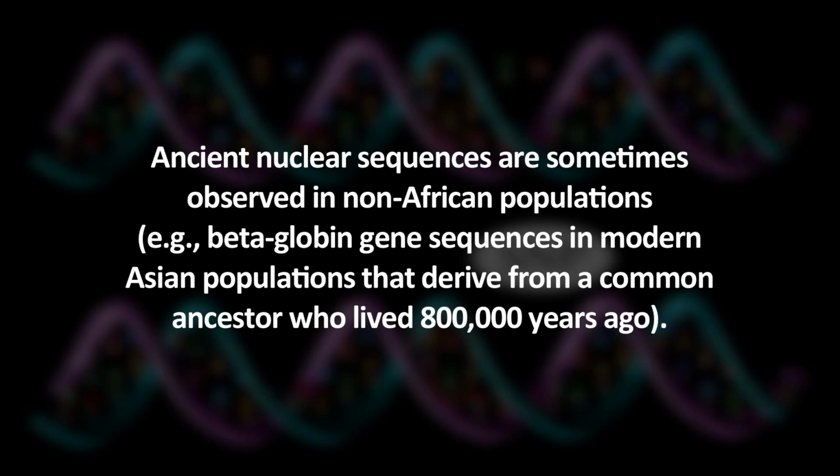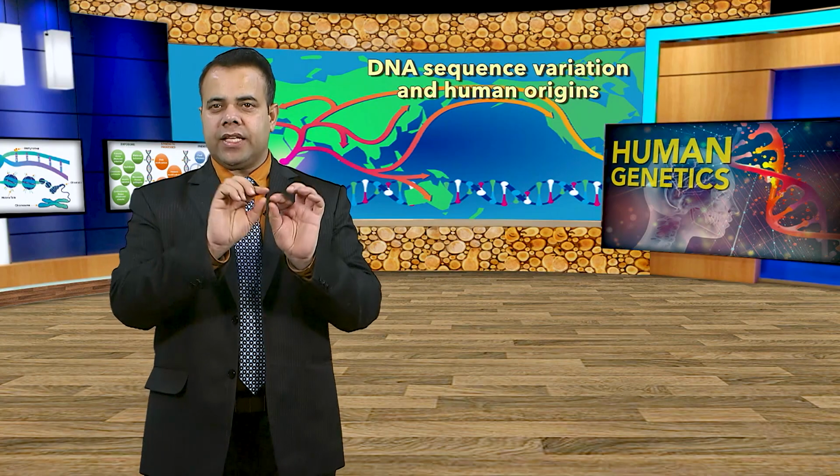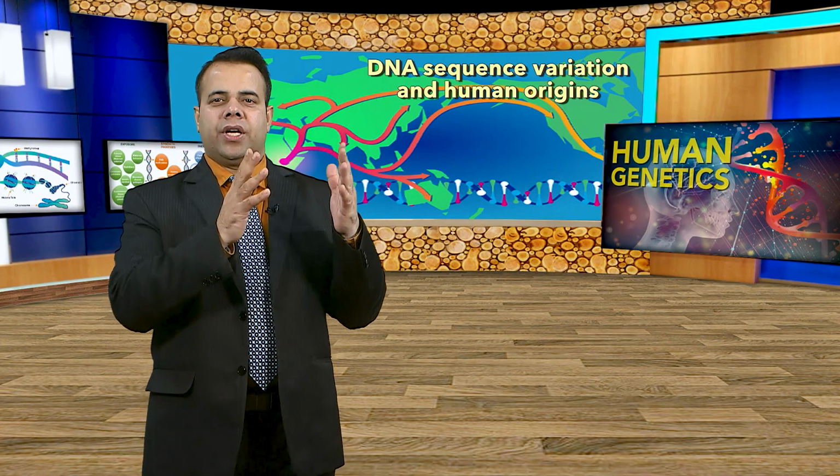Ancient nuclear sequences are sometimes observed in non-African populations. For example, beta globin sequences in modern Asian populations derive from a common ancestor who lived 800,000 years ago. These sequences may have descended from archaic humans living in Asia long before the emergence of modern humans.